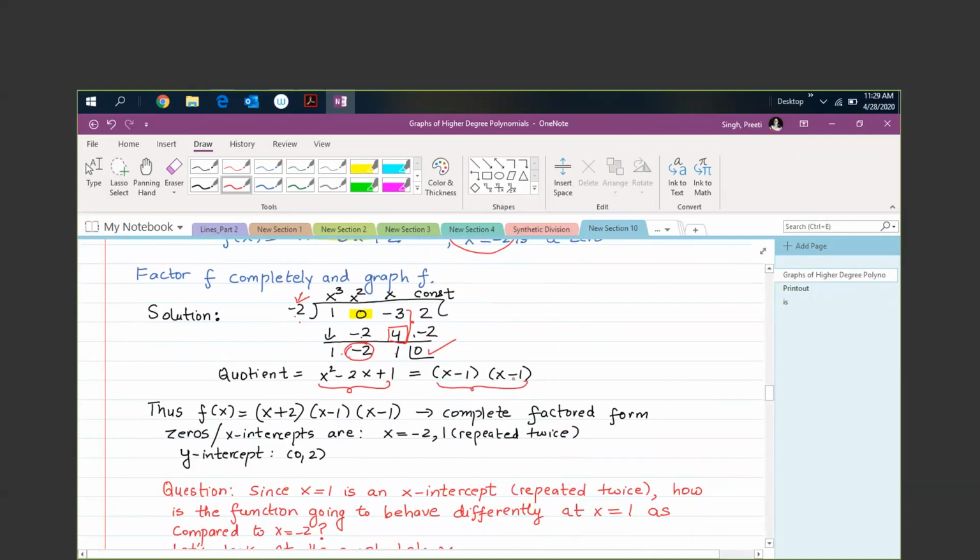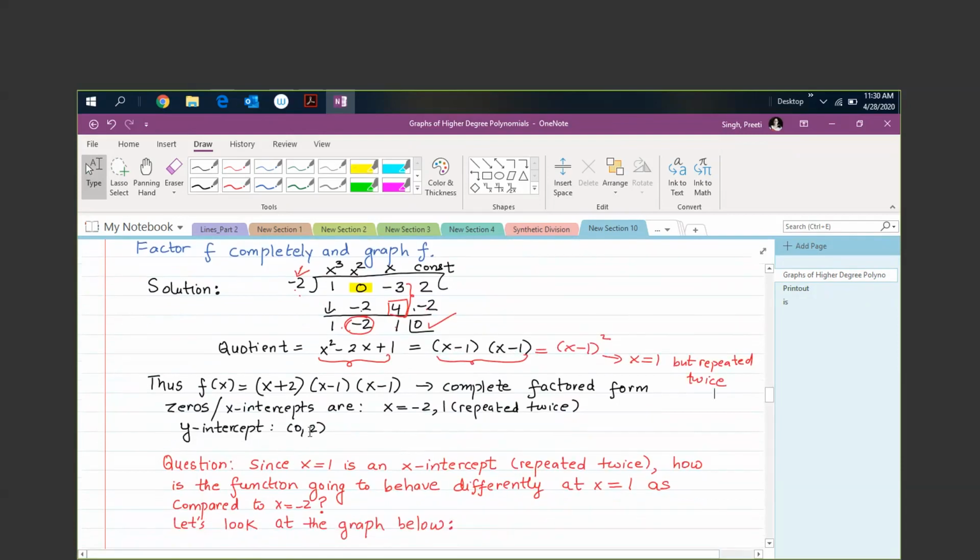So basically, I'm getting x minus 1 whole squared, right? Or when I try to figure out the zero from here, the zero is x equals 1, but repeated twice, right? Now the question is, how does this affect the graph of the function if a zero is repeated twice?